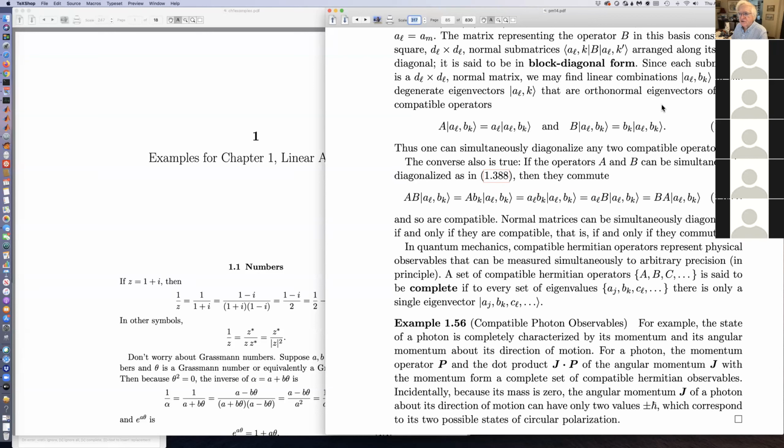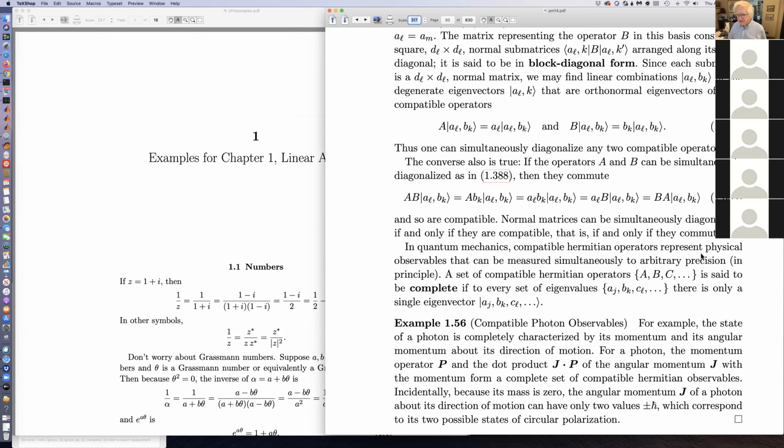So what we can do is find linear combinations of the degenerate eigenvectors that are orthonormal eigenvectors of both linear operators, so we can simultaneously diagonalize any two compatible operators. And the converse is also true: if two operators can be simultaneously diagonalized, they commute. Well, that's kind of obvious.